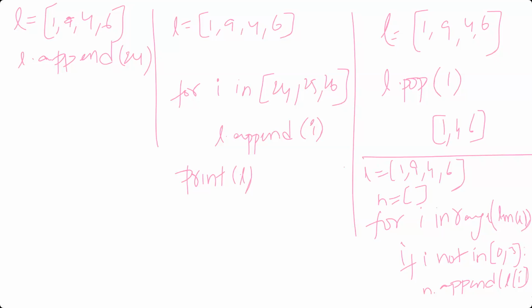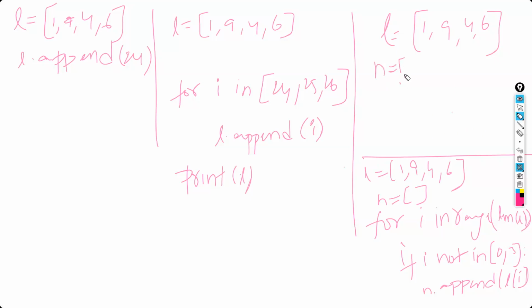Now, same way, without using the pop, tell me using the append method to remove the 4. To remove the 4 without using the pop or remove or anything, I want the append method. By using append, I want to remove the 4 and the remaining 3 values I want, but I should not go with the pop or anything. Now tell me, what is the answer?